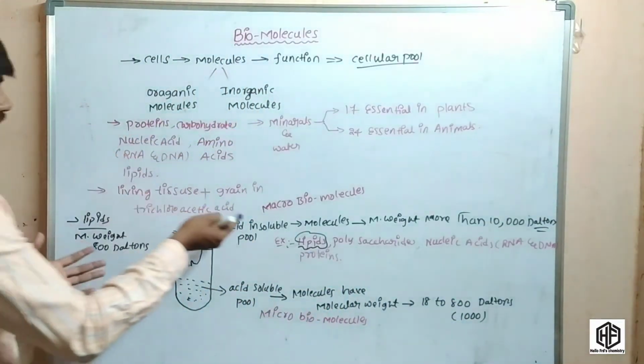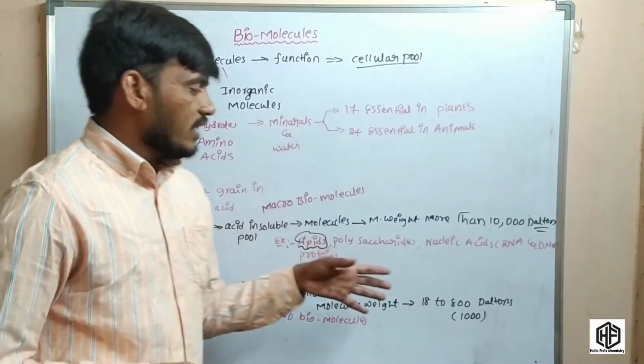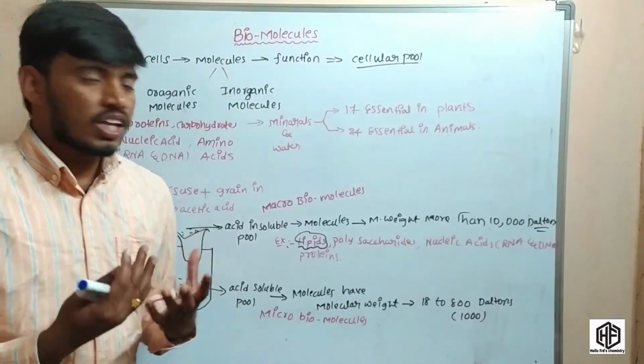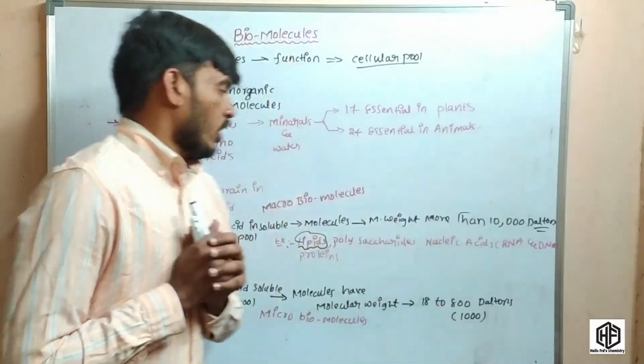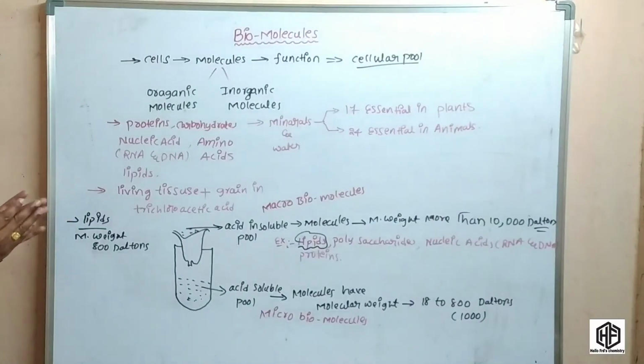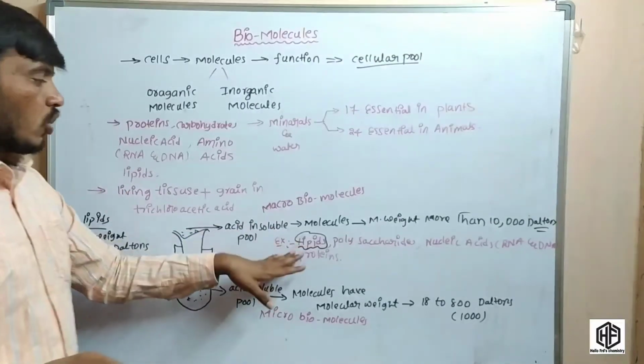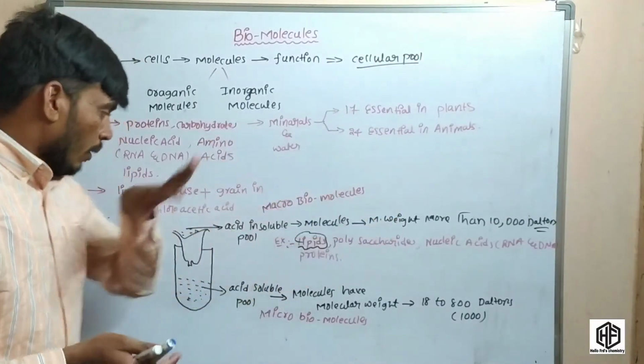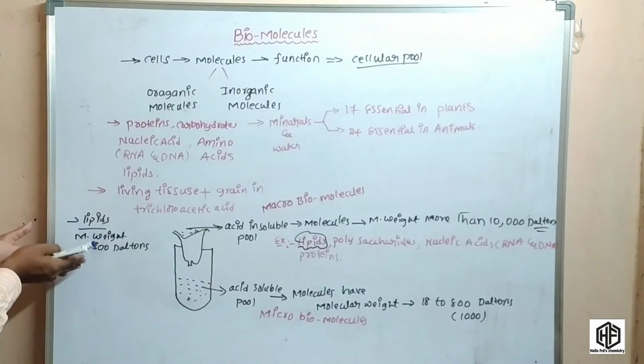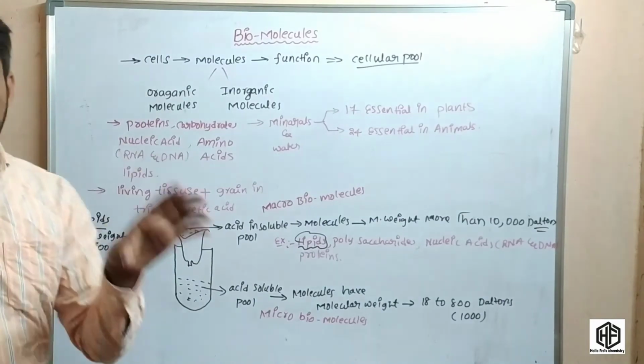But for macro biomolecules, the molecular weight is more than 10,000 Daltons. So lipids have a molecular weight of 800 Daltons. In this experiment they are also called macro biomolecules, but depending upon the molecular weight, lipids are micro biomolecules.